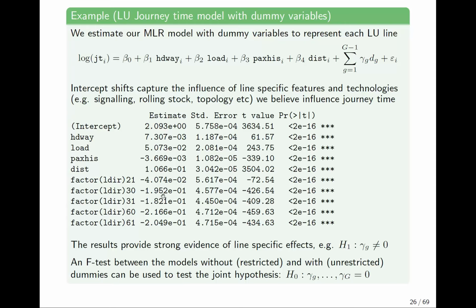So, finally, note that if we want to test the joint hypothesis that all the line effects are zero, we can use an F-test comparing the model without the dummies, what we call the restricted model, against the model that has the dummies included, the unrestricted model, exactly as we did in lecture 5.